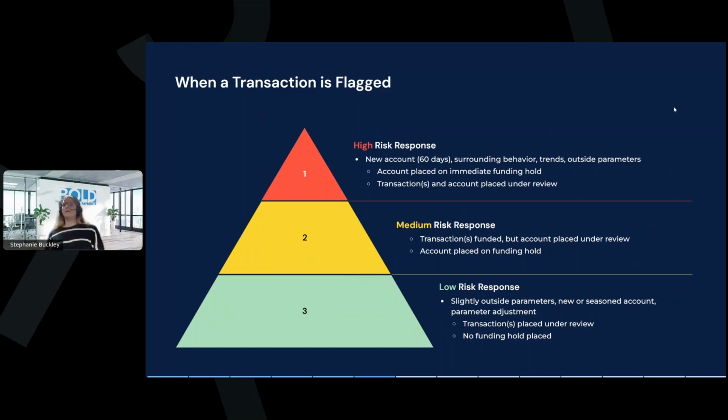So sometimes an account will go through underwriting, and for some reason, instead of putting $100,000 as their monthly volume, they put $10,000, but their average ticket is, let's say, $1,000.